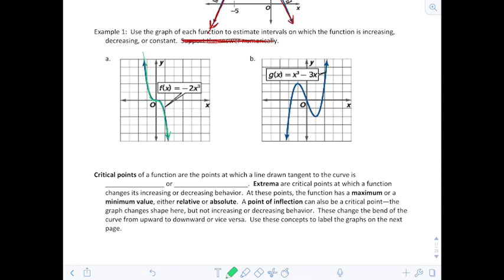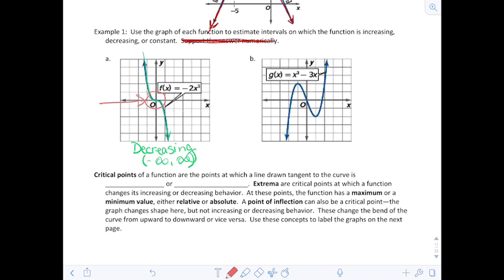So this cubic is truly decreasing from negative infinity to infinity without any gaps, holes, or breaks. But let's talk about what happens here.